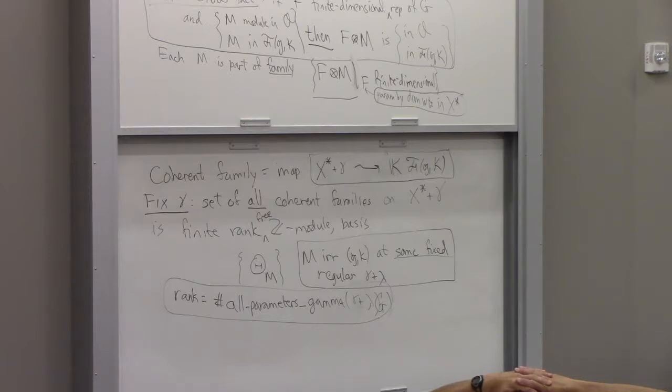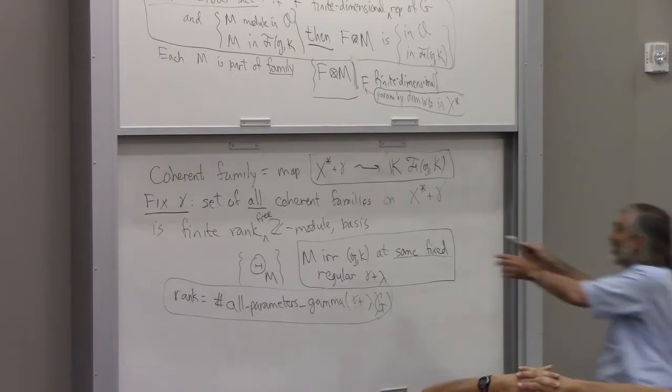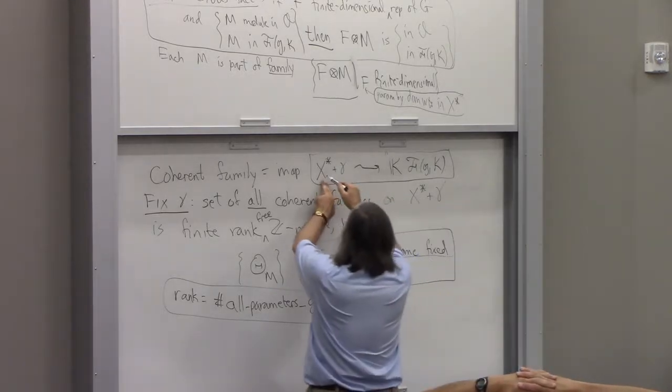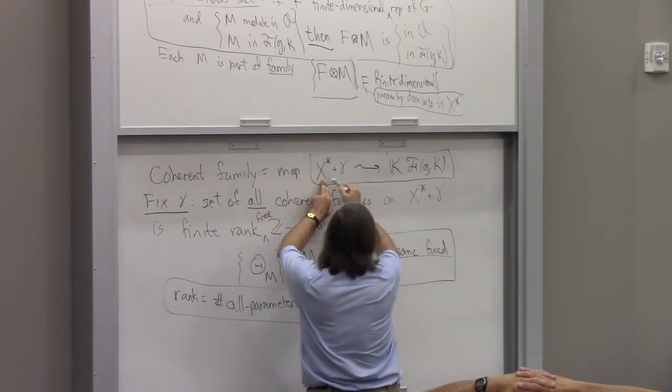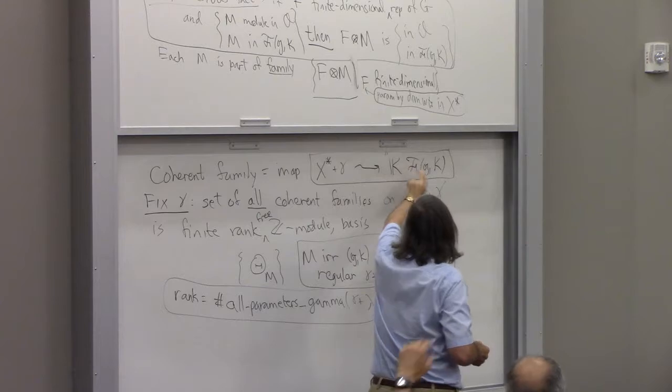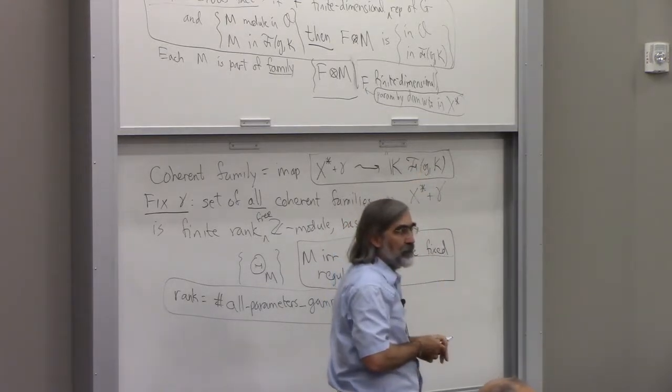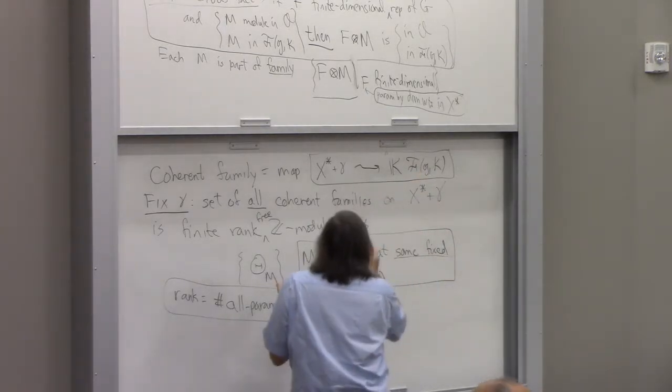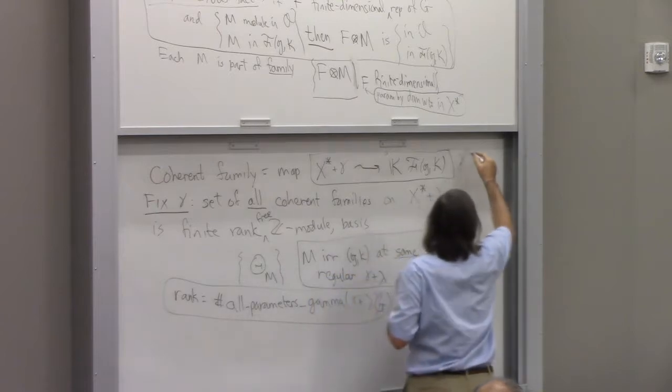So the coherent family is characterized by gamma? A coherent family is a map from a certain coset of the weight lattice to... Is gamma allowed to vary? No, gamma is fixed.